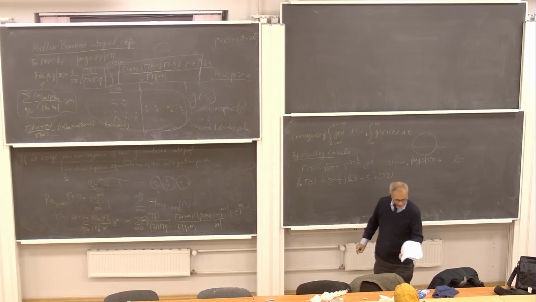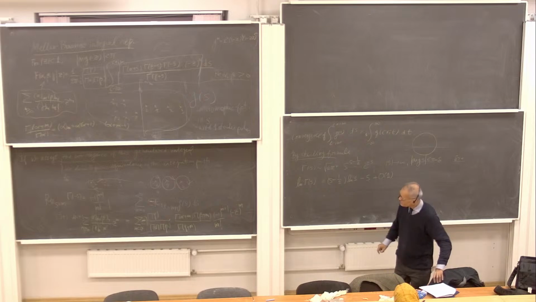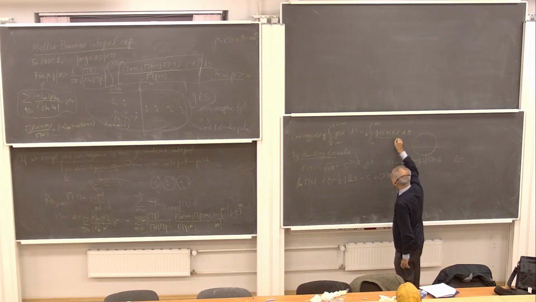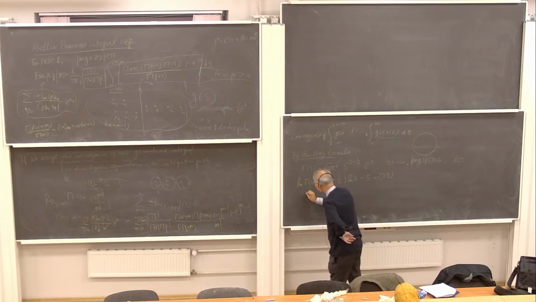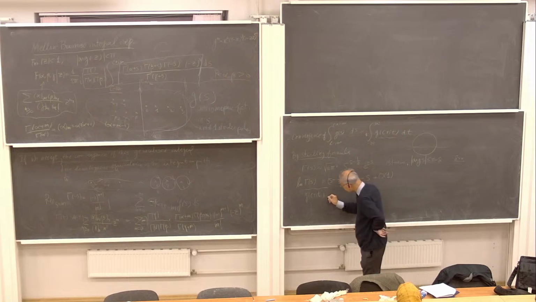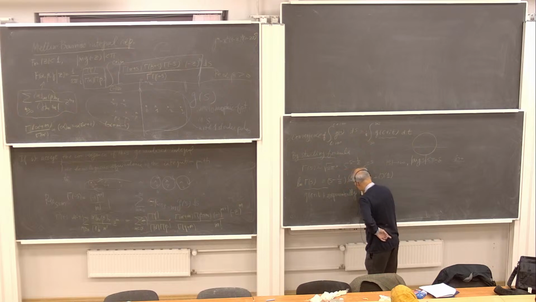So our aim is to see that G, this c plus it, exponentially decreases as t goes to infinity.